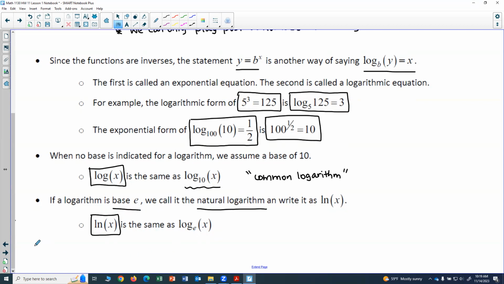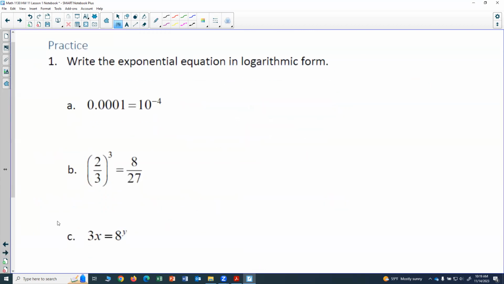Okay, now let's do some practice with just switching back and forth between exponential form and logarithmic form. So we have a few practice problems here. We want to write the exponential equation in logarithmic form. So remember, if we have b to the x equals y, that's the exact same thing as saying log base b of y equals x.